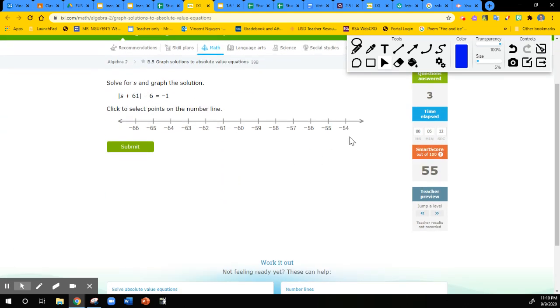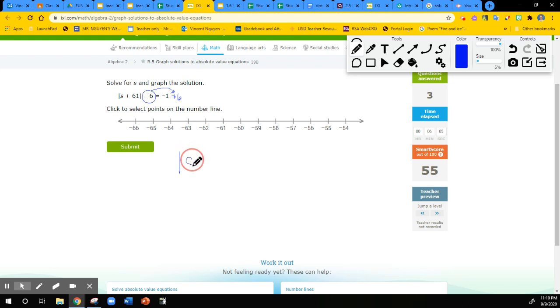Okay, so here's one where these are the kinds of problems that I like because they're more involved, right? So here I have to clean up the absolute value. That means I have to remove everything away from it, right? Everything that's outside of the absolute value needs to go away from it. So that means I'm going to add 6 first. Before you even try to split it into 2 cases, you have to clean everything around it, okay?